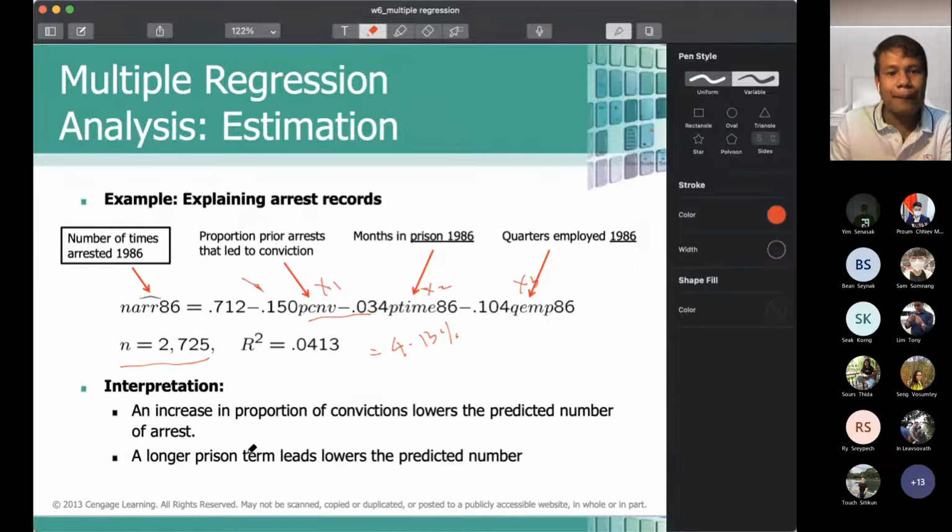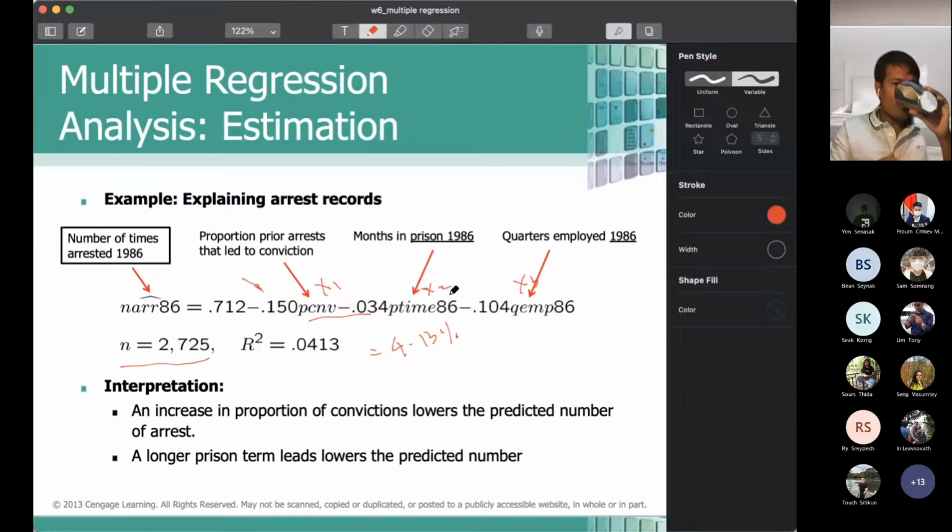So a longer prison term leads to a lower predicted number of times arrested. So first you can look at the sign of the estimate.